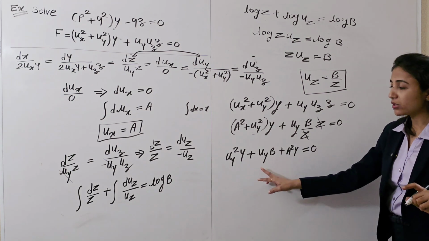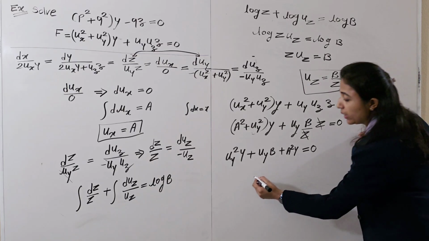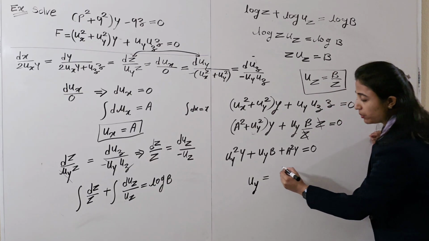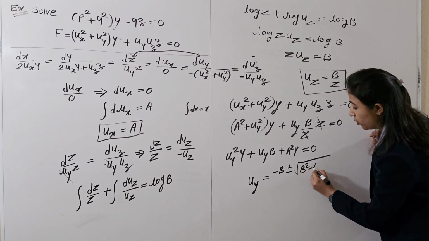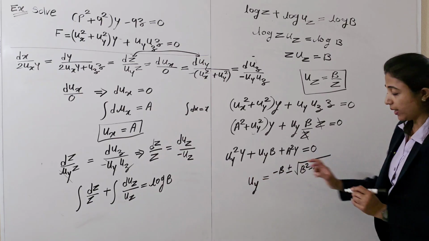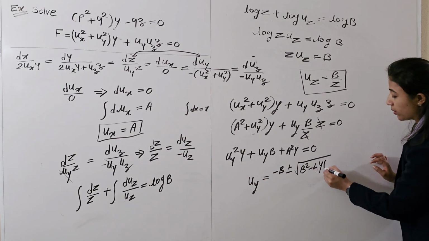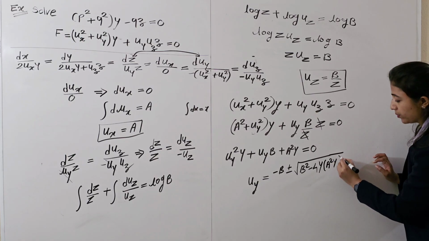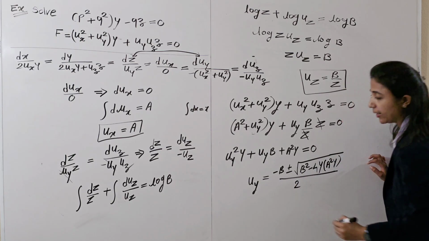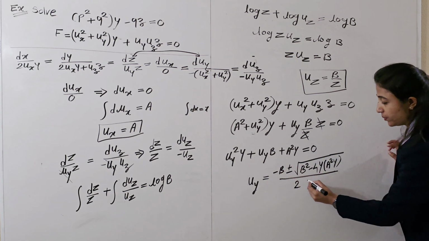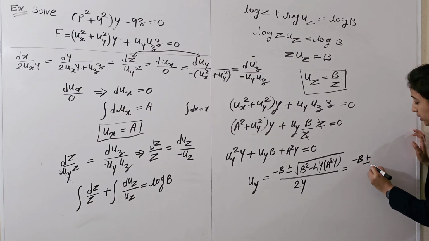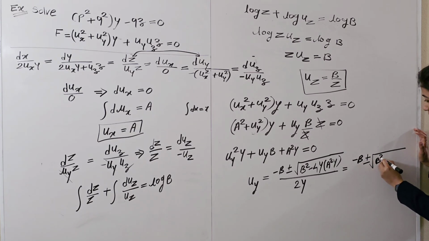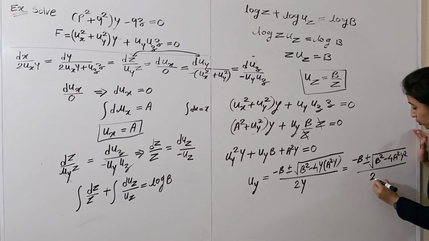So obviously when we solve this quadratic, you will get two roots. To find uy, the quadratic equation roots are minus b plus minus root of b square minus 4ac divided by 2a. Here the coefficient a is y and c is a square y, so 2a means 2y. So this is minus b plus minus root of b square minus 4 a square y square, divided by 2y.